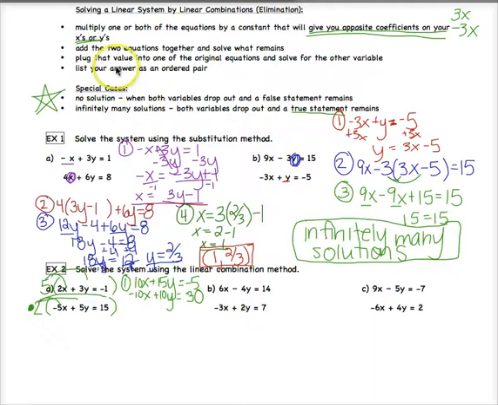Step 2 is to add the two equations together. So in step 2, I'm going to add straight down in the columns because that's where my like terms are. So 10 plus negative 10 is 0, so these cancel out. On the y's, 15y plus 10y is 25y.